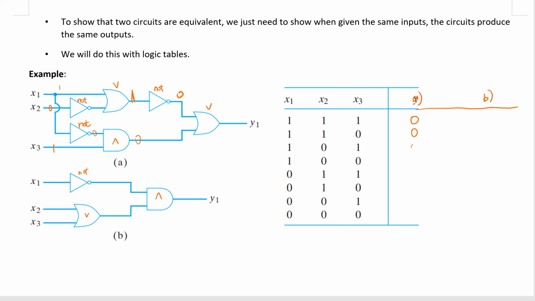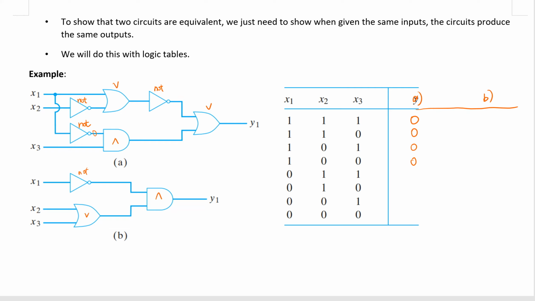They still have the same result. So far so good. Okay, next 1 0 0. And 0 and 0 is 0. This is still 1. Oh, it's still the same result. Okay, is everybody following? Remember, you can pause the video at any time, and then you can think more.